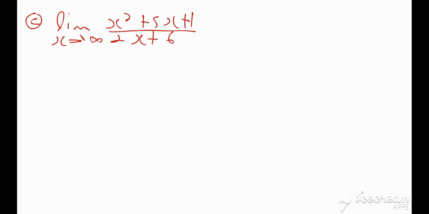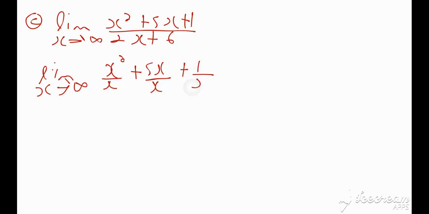Let us now look at question C. If we examine the denominator, the highest power of the variable is 1. So we're going to divide every term by x to the 1 power. So we're going to have limit as x tends towards infinity of x squared over x plus 5x over x plus 1 over x all over 2x over x plus 6 over x.